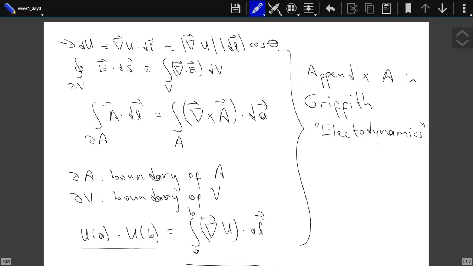Basically, imagine you keep the magnitude of dl constant. Imagine you are on a hill and you are taking one step. Then u will be your height from the ground. This du will be, if you take your step in the direction in which the hill is steepest, your height will change the most.